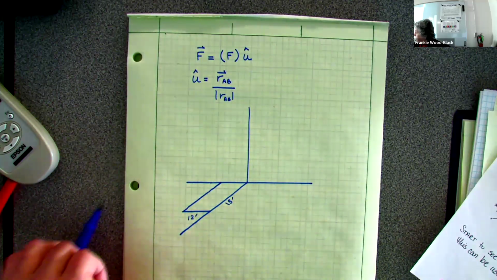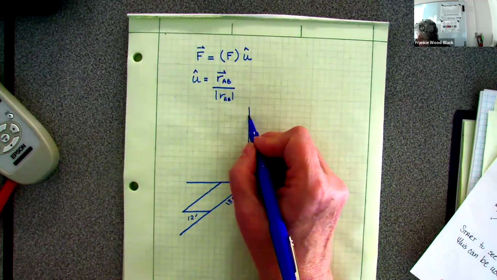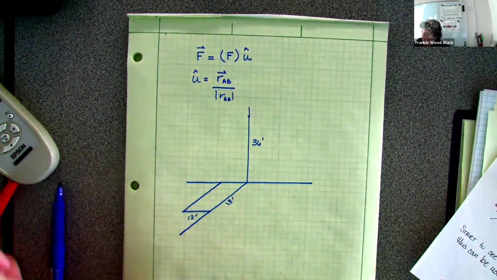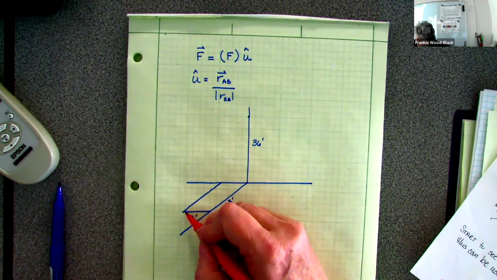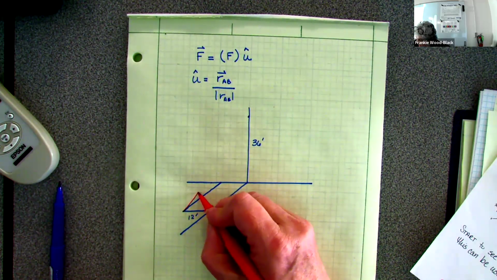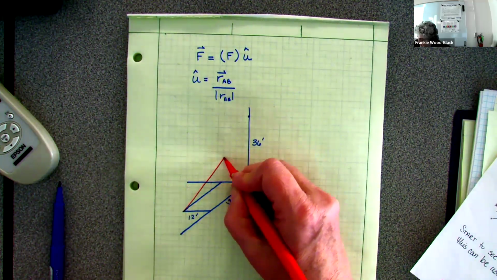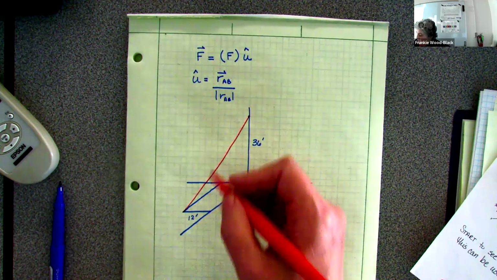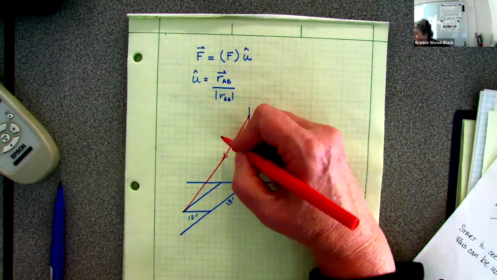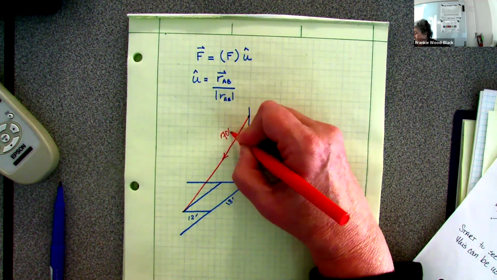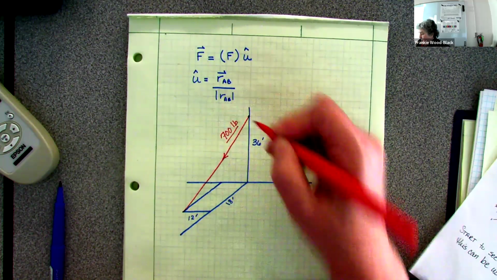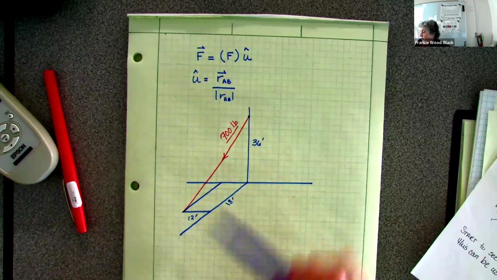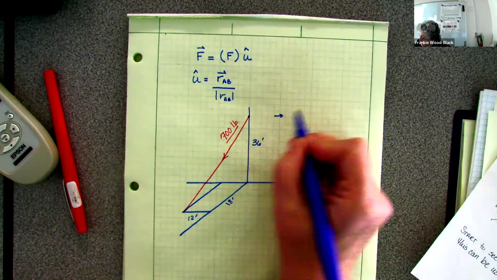And my vector is 36 feet. So we have a cable under tension, and it's going to be 700 pounds. We want to find our unit vector.